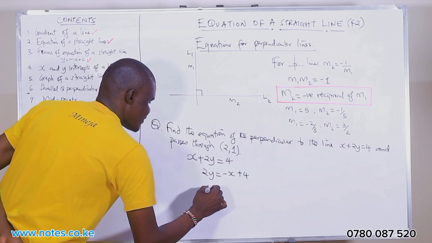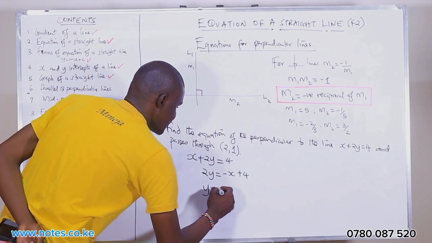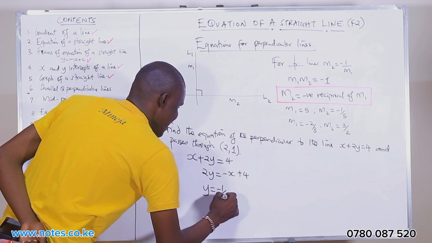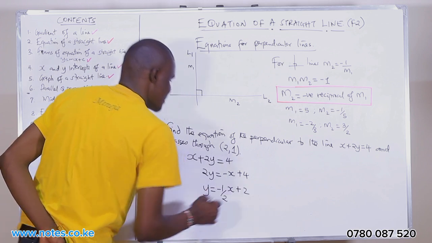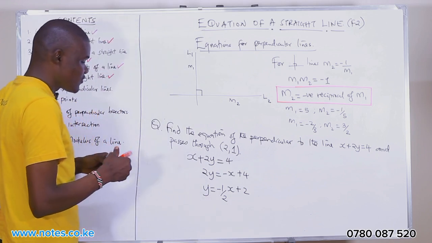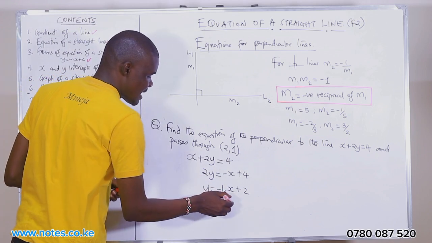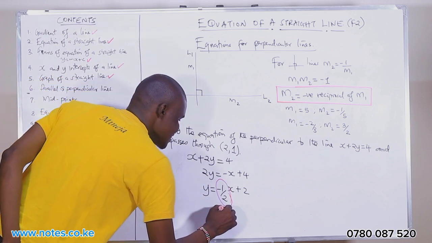Then making y the subject, y is equal to negative a half x plus 2. I think that is correct when you simplify. And I said the significance of this is simply to help you get M1. That is the purpose it serves.